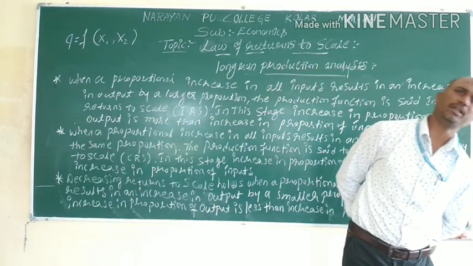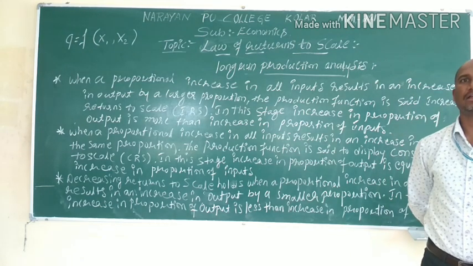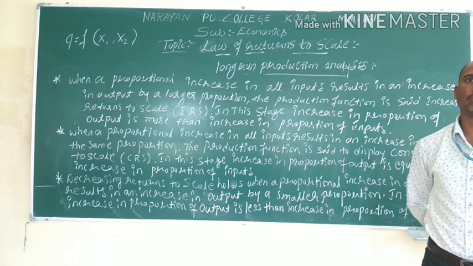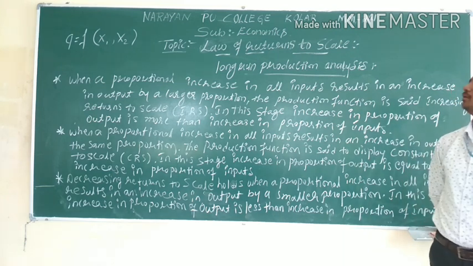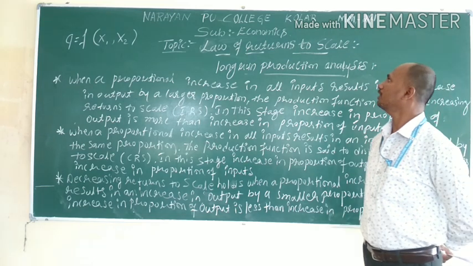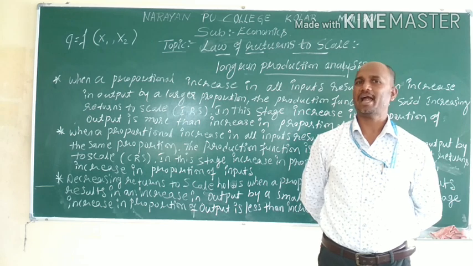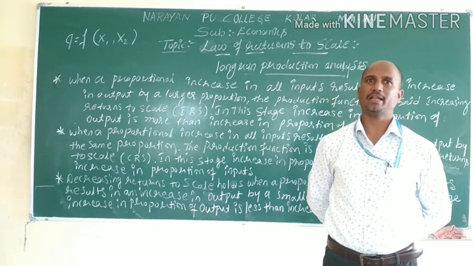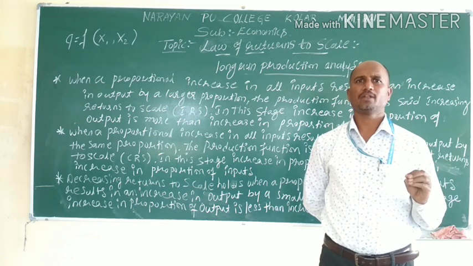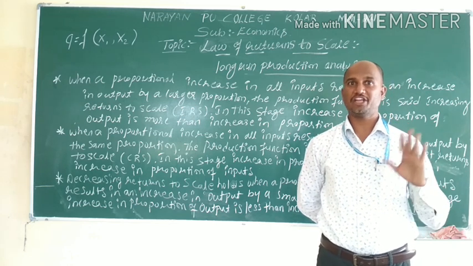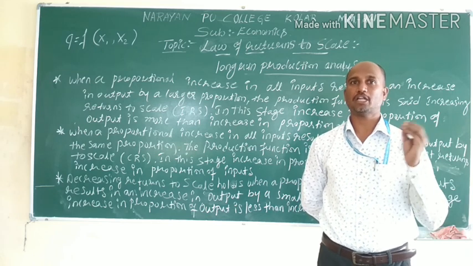This is the complete information which will be asked for 2 marks, 4 marks and 6 marks. Keep in mind the law of returns to scale, the 3 stages, and the diagram, table and explanation. The law of returns to scale explains the relationship between varied inputs and output in the long run.